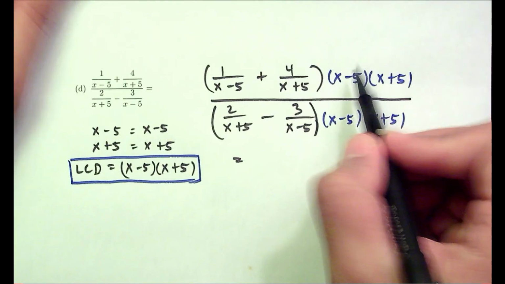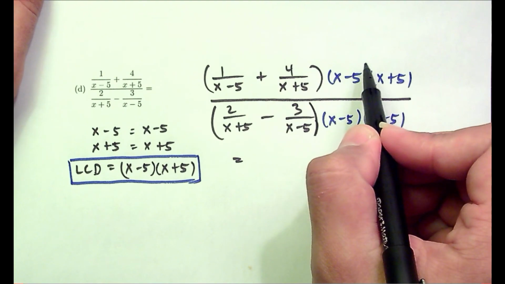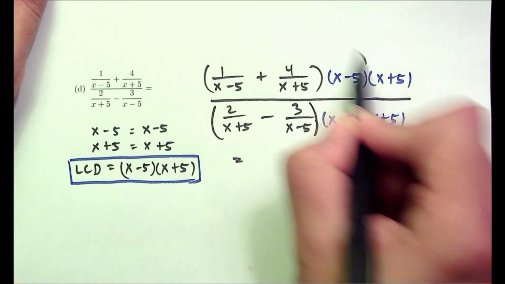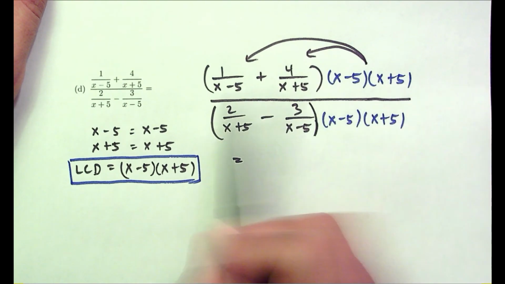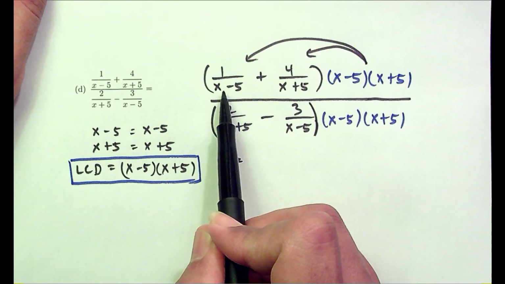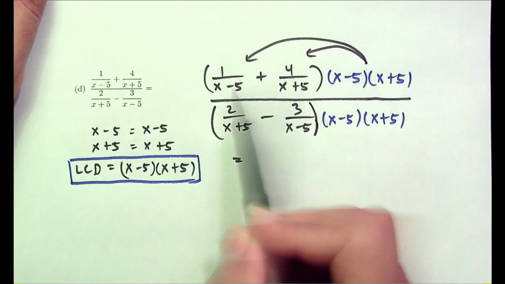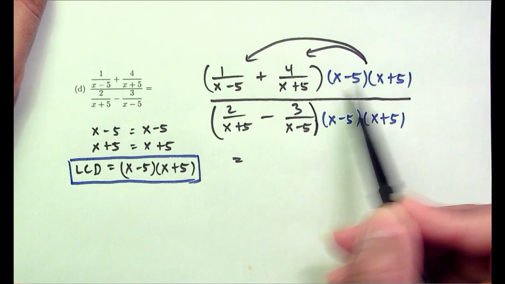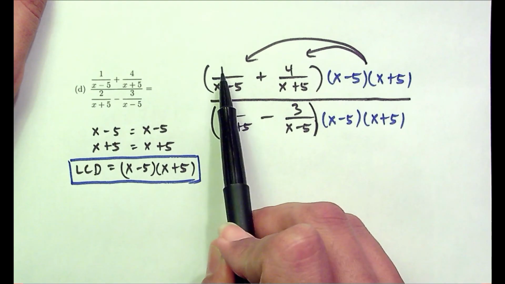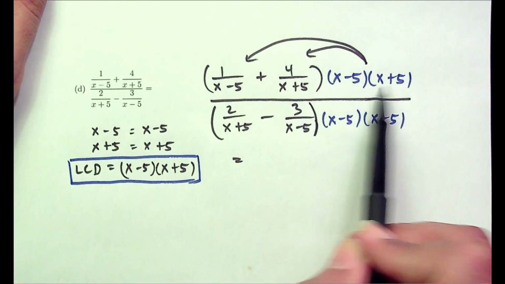And when you multiply here, we're going to distribute, we're going to multiply x minus 5 times x plus 5 times this. Well, when you distribute, you see that you can cancel the x minus 5. So once you cancel the x minus 5, you're going to be left with 1 in x plus 5.